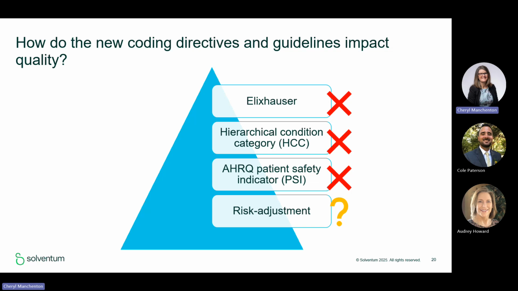In this case, I'm calling it a nothing burger, meaning, okay, I cannot now code these. I probably wouldn't have coded these because these patients typically have something else that's reportable, which is why I just barely put a question mark on the risk adjustment. But sometimes we like to point out not everything is as exciting in the code book updates or the coding guidelines as other things. And I think this falls into that category.